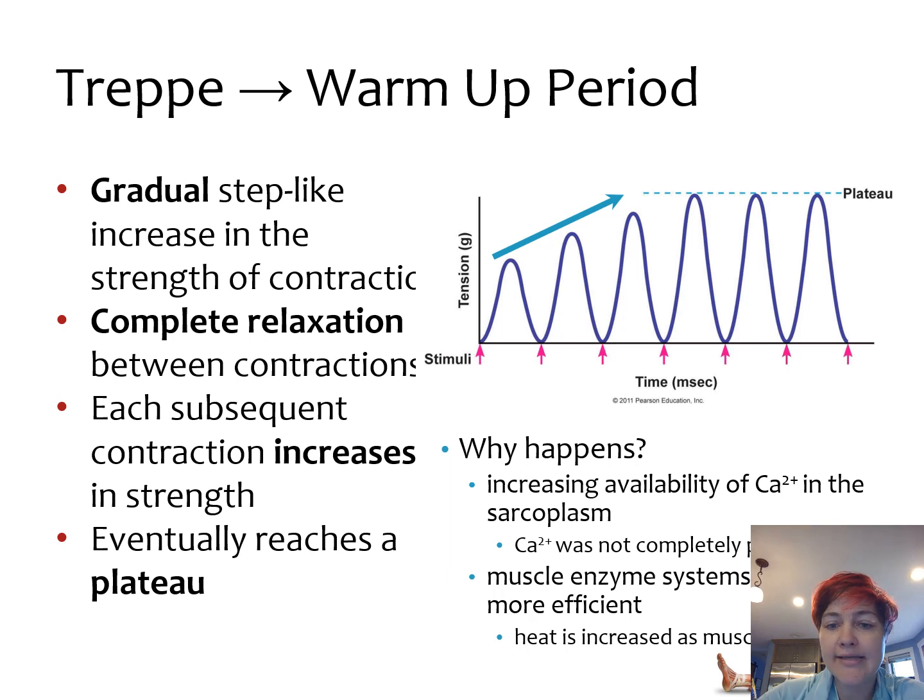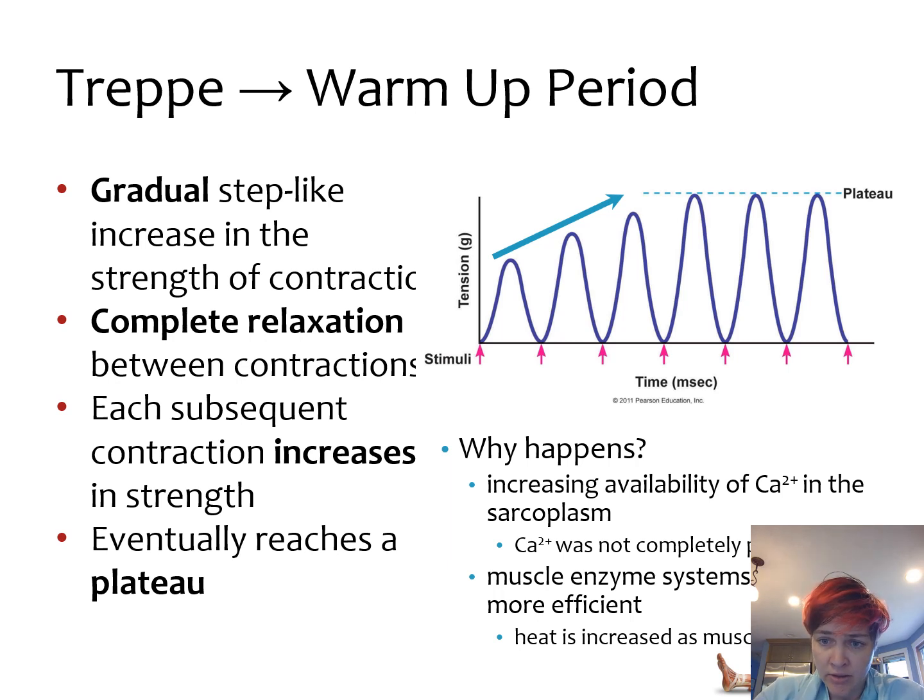So you can see why this happens: it's actually the availability of calcium in your sarcoplasm, right? I said that's the whole point of the ER, to provide calcium. Sorry, I'm reading this and it's not making sense to me.